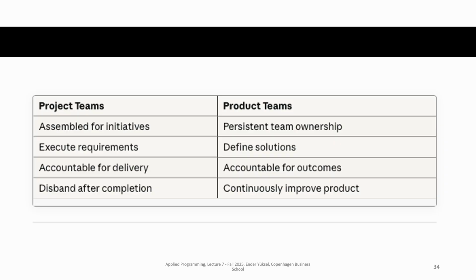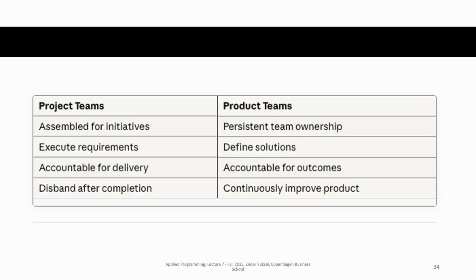The project and product approaches also differ in terms of teams. I also work with product teams, and here the differences are very rough. In project teams, you assemble the teams depending on the initiatives. But in product teams, you try to have more consistent, long-living, and persistent team ownership.